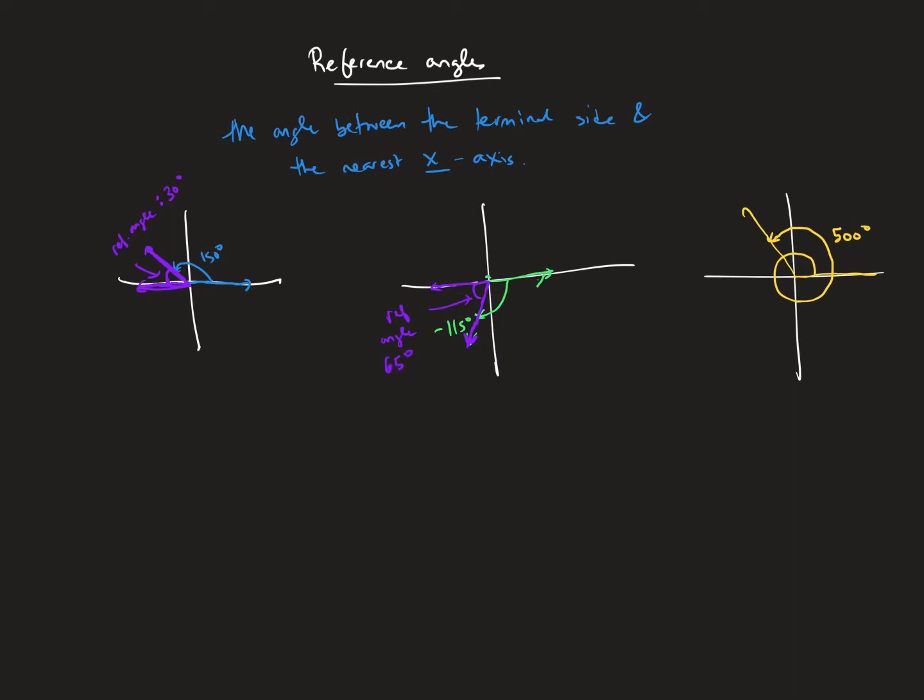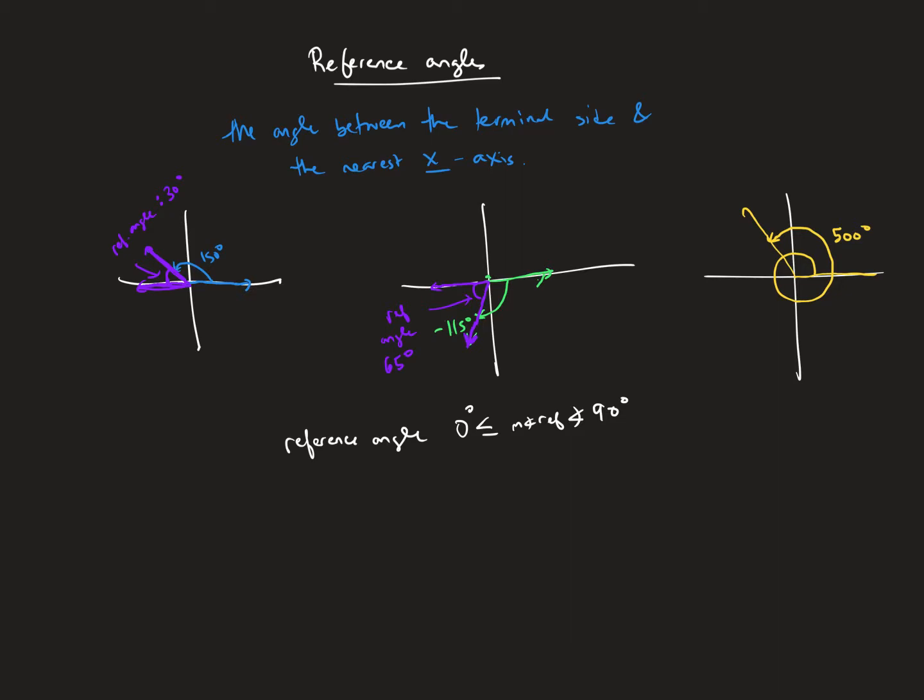Now, you may look at that and go, but we're moving in a negative direction. Shouldn't that be negative 65? You could make an argument for that. However, conventionally, let's write this in our notes, the measure of a reference angle must always fall between 0 and 90 degrees, which means we want it to be a positive number.